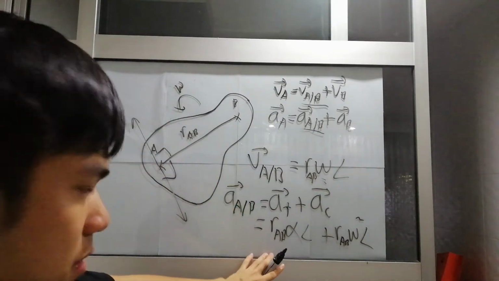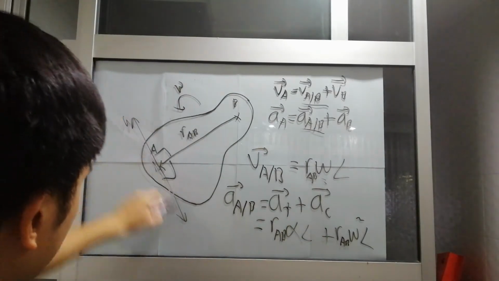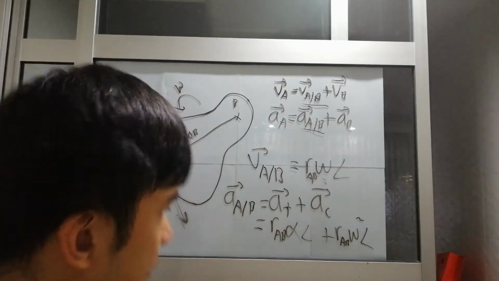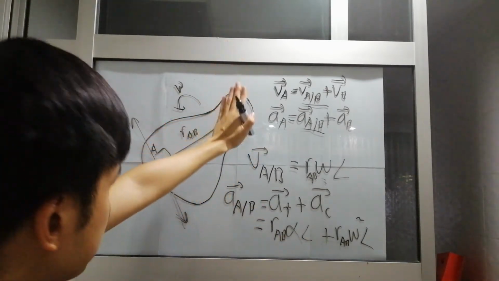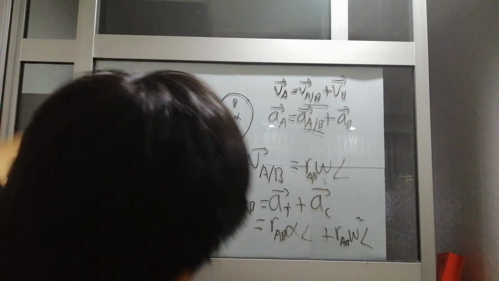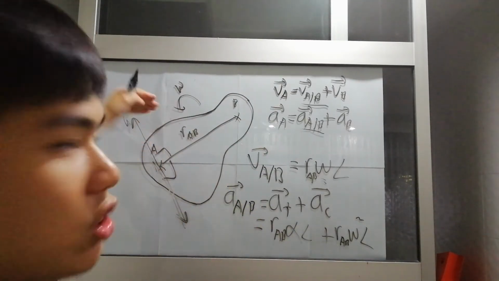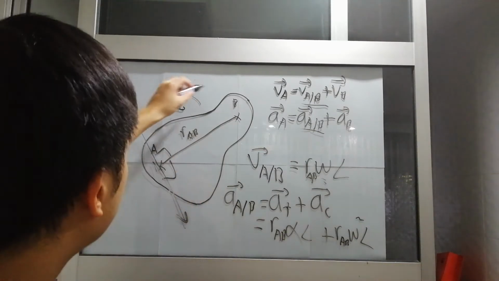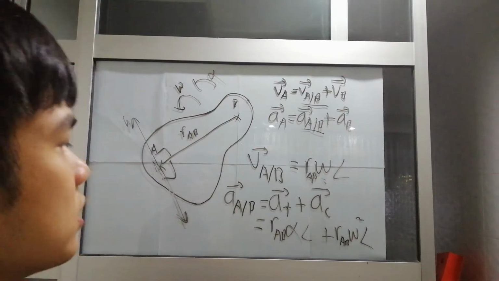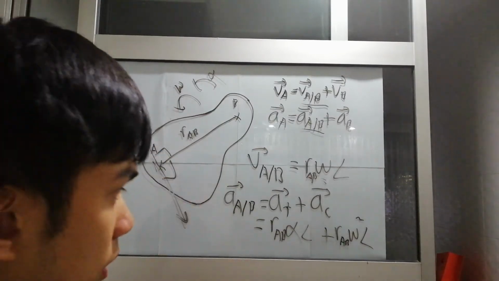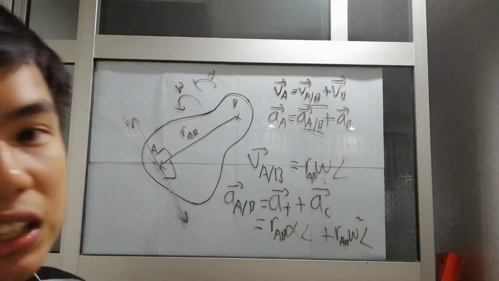So for RAB alpha, the tangential acceleration, the direction is basically in this direction or this direction. Why? Because AA/B means acceleration of A from B's perspective. In B's perspective, A is going in a circle. So the tangential acceleration of A is either in this direction or this direction, depending on the alpha of the body. Now the centripetal acceleration is always pointing towards the center of rotation.